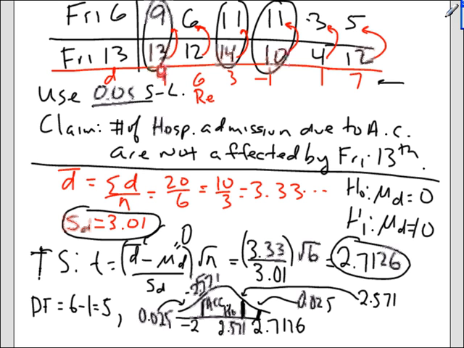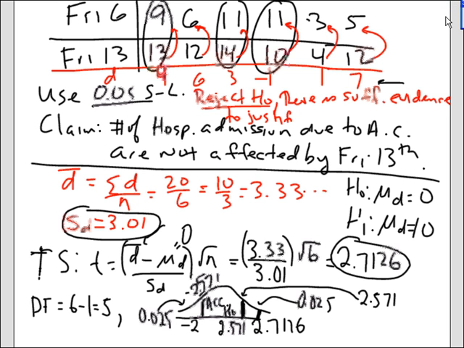We are going to reject H0. But H0 happened to be the claim, so there is sufficient evidence to justify the rejection of the claim of no effect.